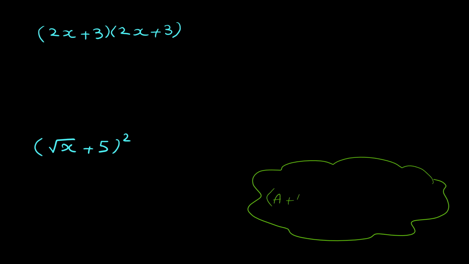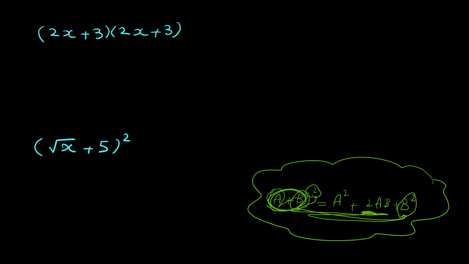A plus b to the power of 2 is a to the 2 plus 2ab plus b to the 2. A to the power of 2, b to the power of 2, and 2 times the product of these two terms, 2ab, 2 times ab.